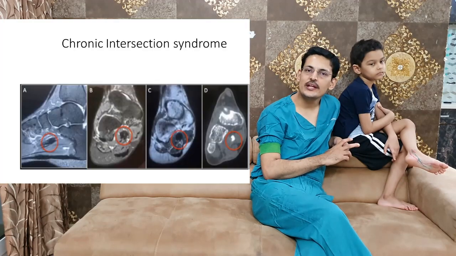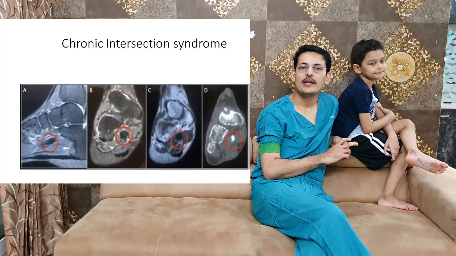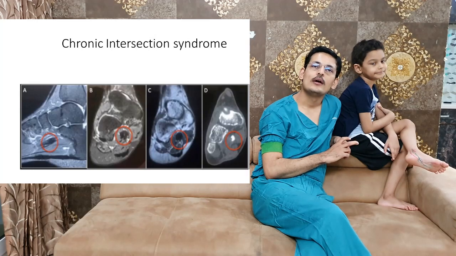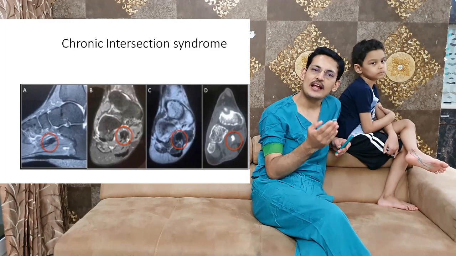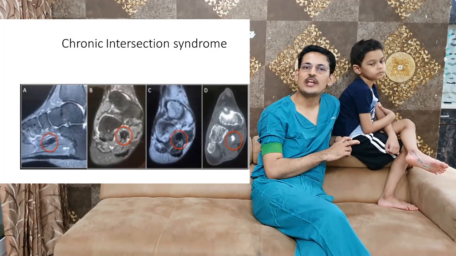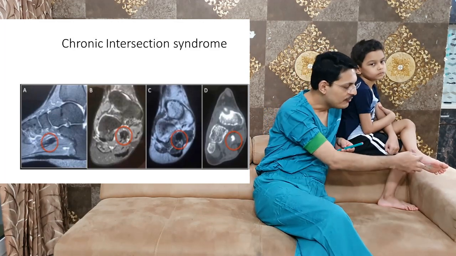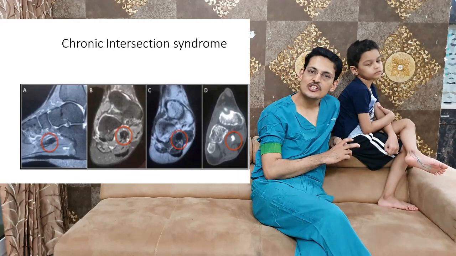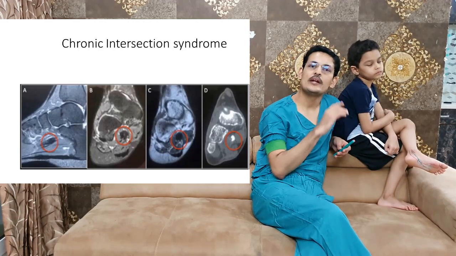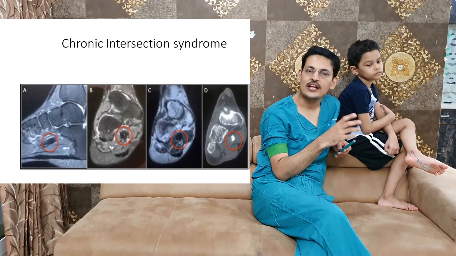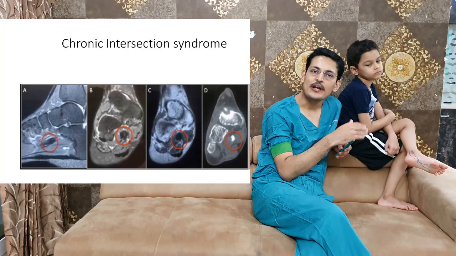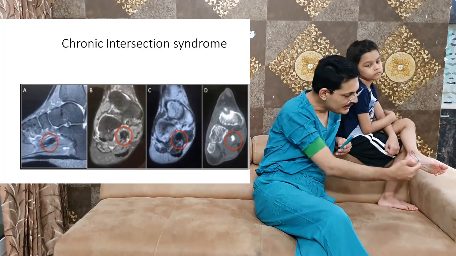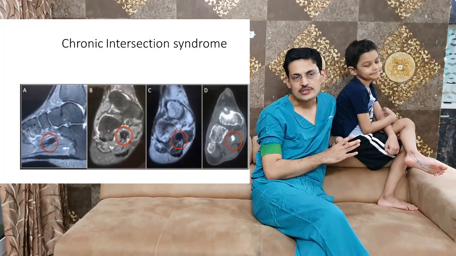Now there is a syndrome which is called chronic intersection syndrome, in which you can have a hypertrophy of the tendon sheath of either FHL or FDL, which can cause pain in the midfoot region. Chronic intersection syndrome is a known syndrome, caused by thickening of the tendon sheath of the FHL and FDL tendon, and it causes pain in the midfoot, and this pain may be radiating to the toes.